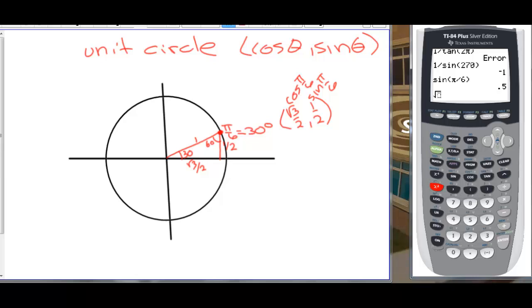Cosine of pi divided by 6, square root of 3 divided by 2 is the decimal value, 0.866. See, it's the x coordinate, it's the y coordinate, cosine, sine.